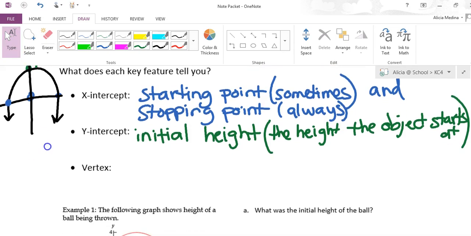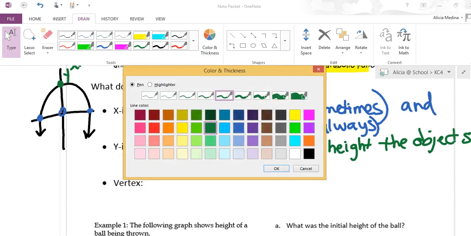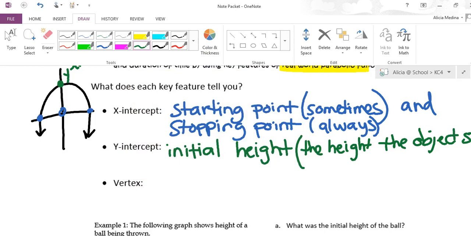Our vertex, what does our vertex tell us? This is either our max or our minimum.